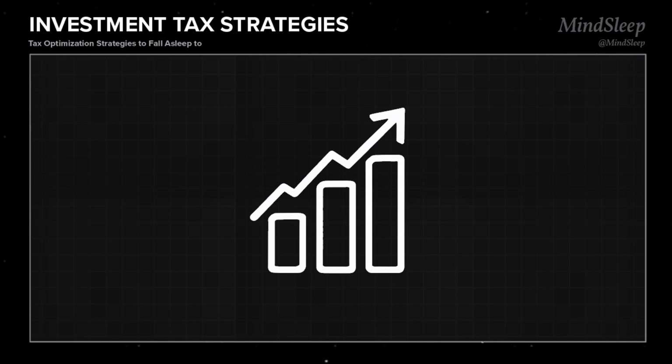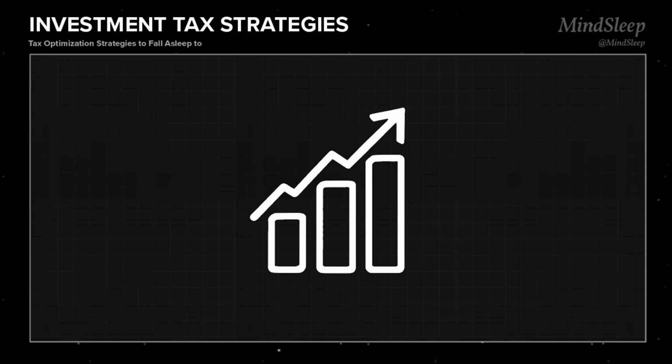However, if they're non-qualified and you're in the 32% ordinary income tax bracket, your tax bill would jump to $3,200. This stark difference underscores the importance of understanding the nature of your dividend income and structuring your portfolio accordingly.